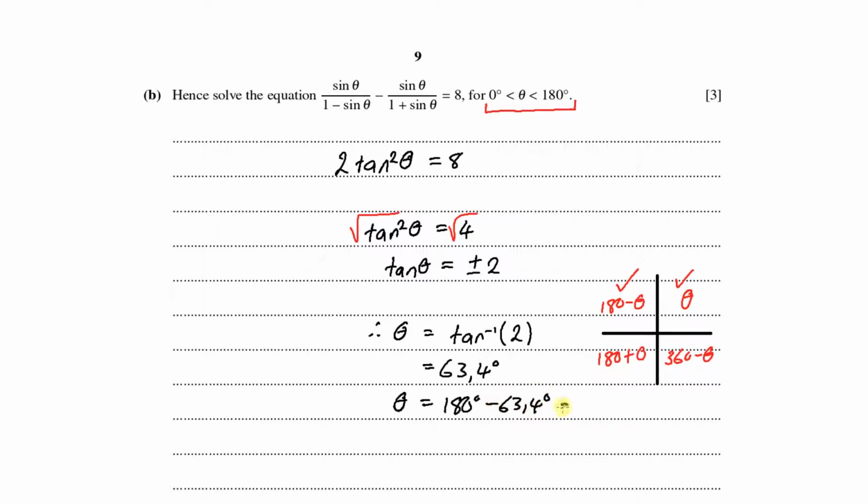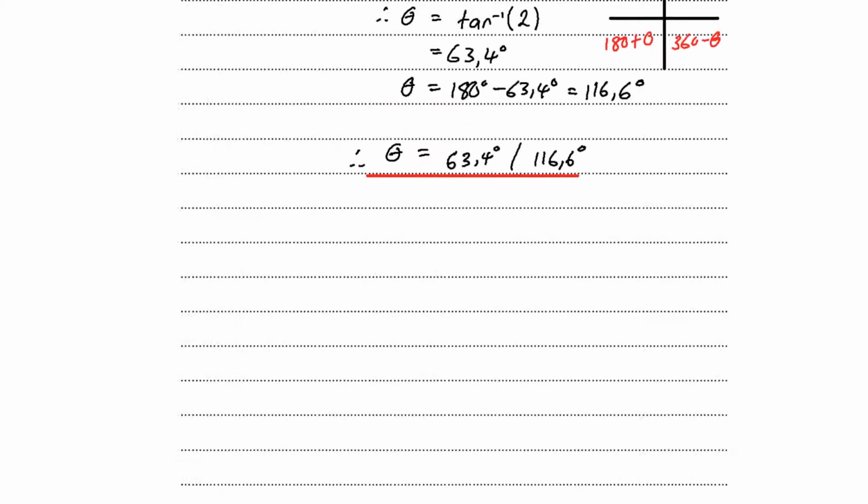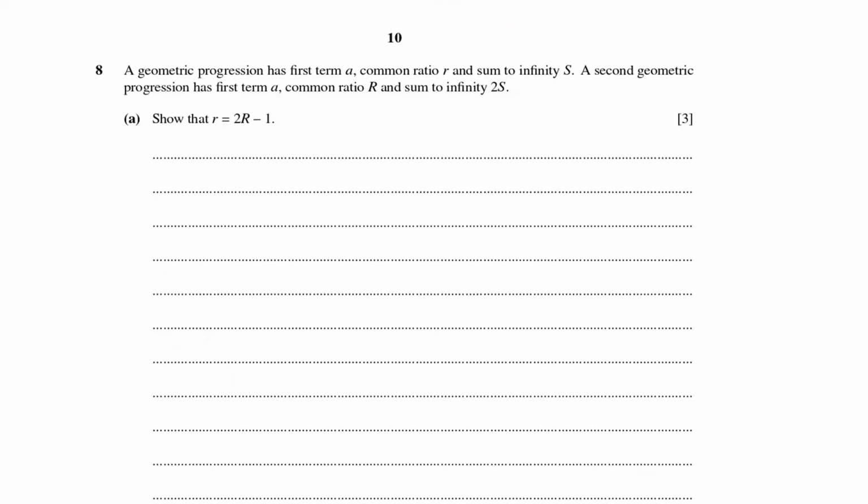And this gives us 116.6 degrees. So therefore, the values of theta are 63.4 degrees and 116.6 degrees. And this becomes the answer we're looking for. Let's go to the next question.